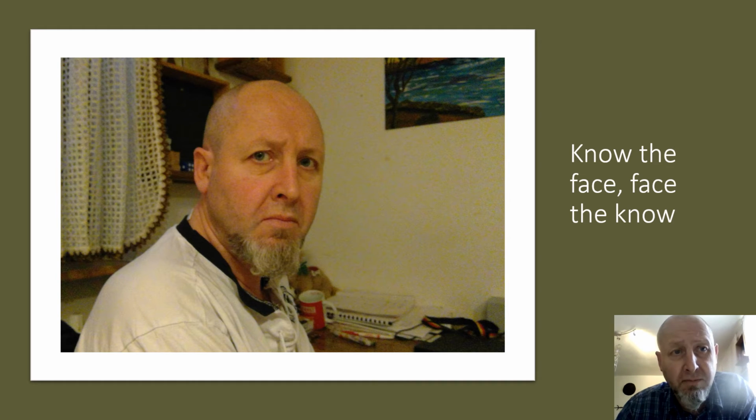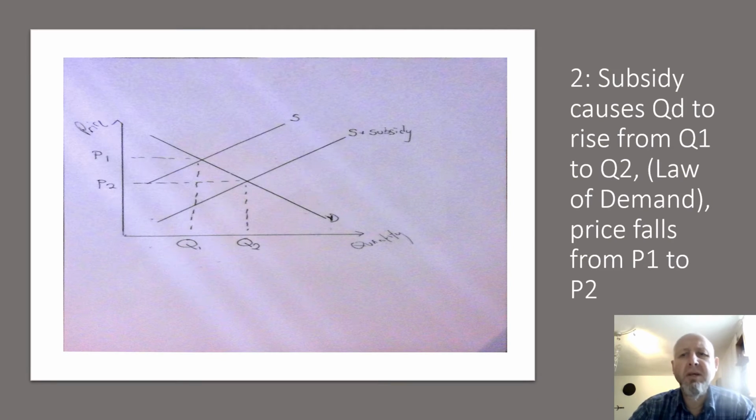What a bonus. So as you can see in the diagram, the subsidy shifts the supply curve to the right, and we get a rise in quantity demanded from Q1 to Q2, and a fall in price from P1 to P2.